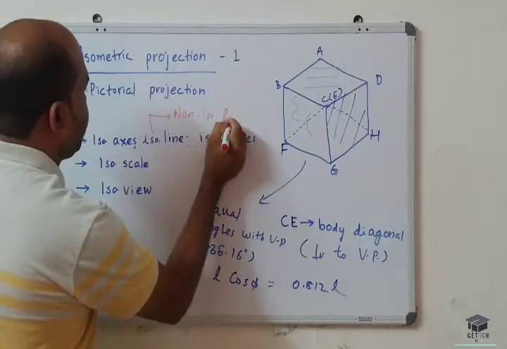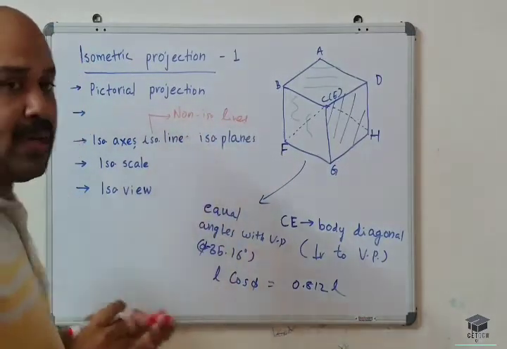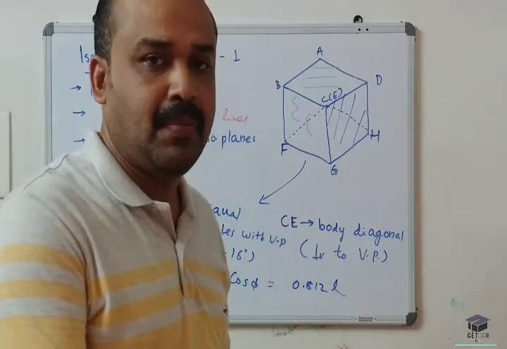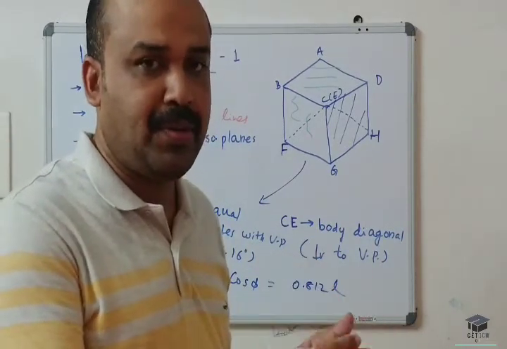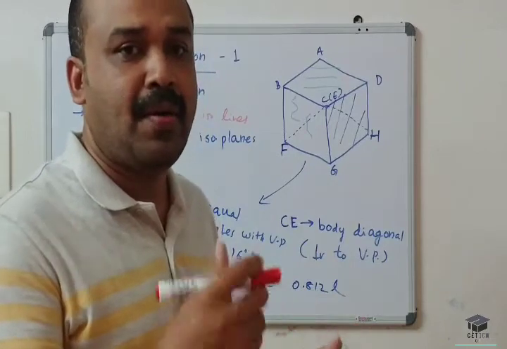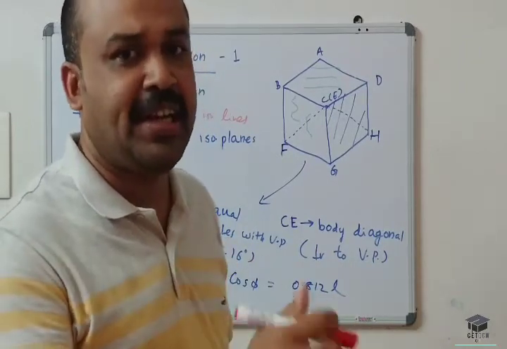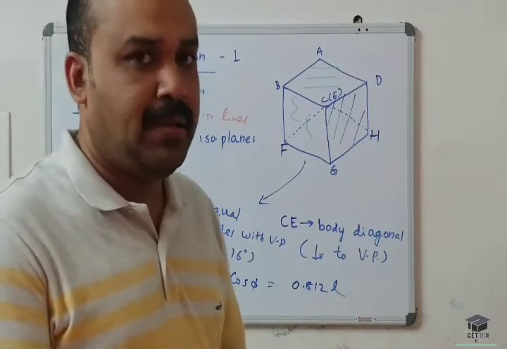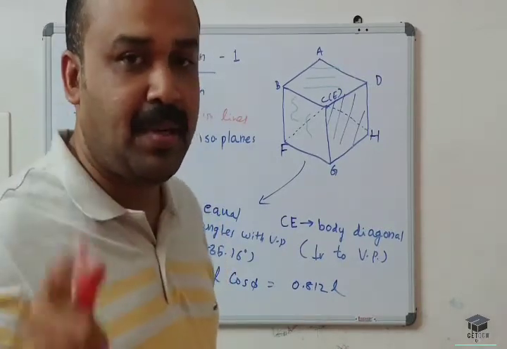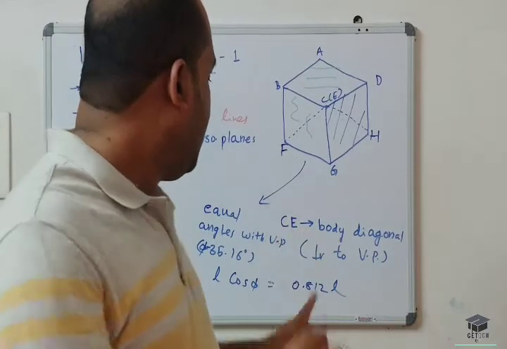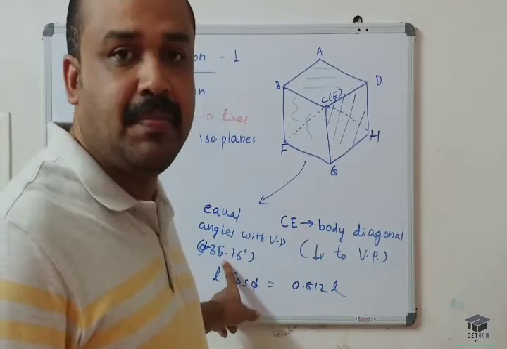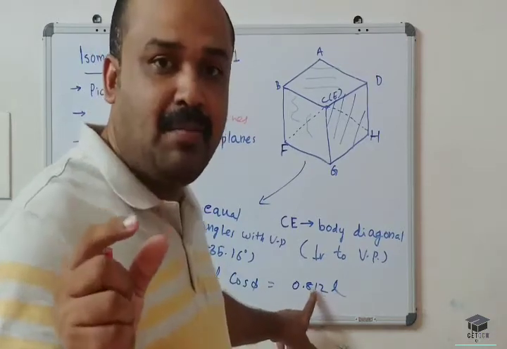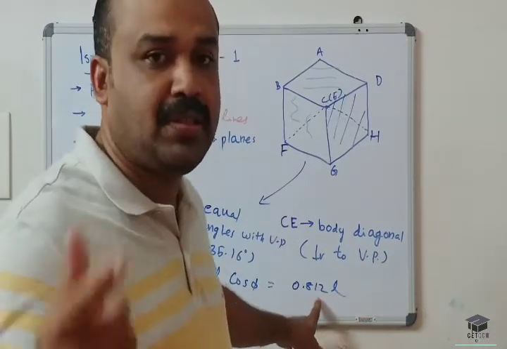Then we have non-isolines. Non-isolines are not parallel to the isometric axes; they are inclined to isometric lines. What is the problem with a non-isometric line? For an isometric line, the angle is 35.16 degrees, so the reduction in length will be 0.812 times its actual length.